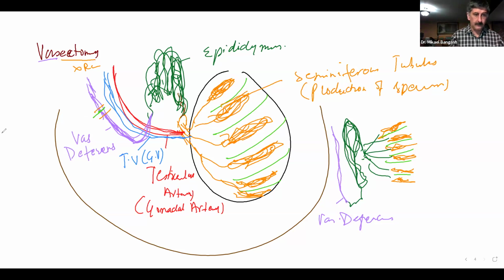So guys, for now, if we are talking about the sperm, yes, they are going to be produced in the seminiferous tubules, after which they leave the testes, travel via the epididymis, and from the epididymis enter into the vas deferens.